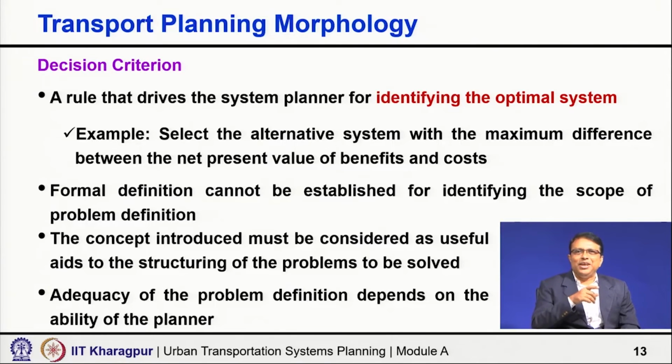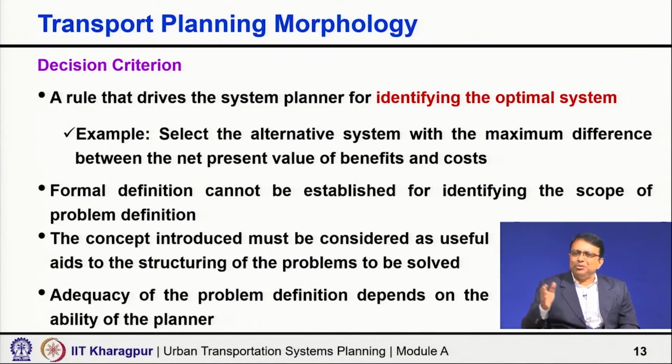So, same way, in the problem definition stage itself, we have to say clearly and decide what would be our criterion for evaluation. So, the decision criterion is a rule that drives the system planner for identifying the optimal system.